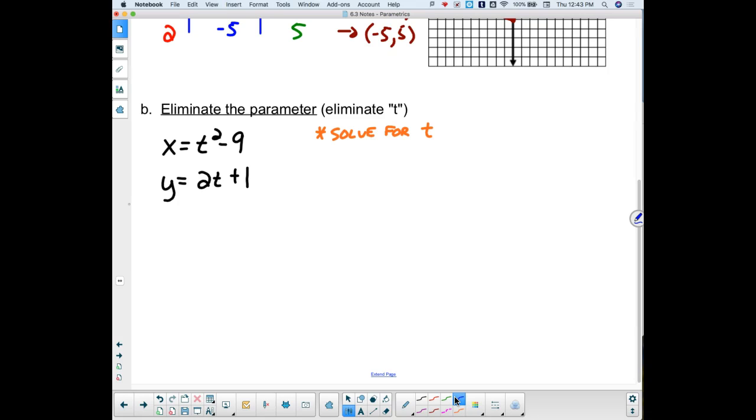Yep. So I'm going to solve y equals 2t plus 1 for t.